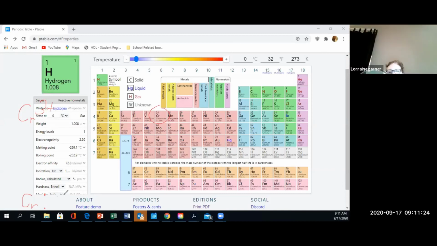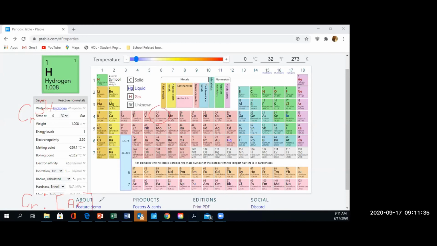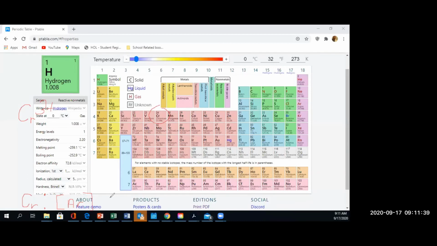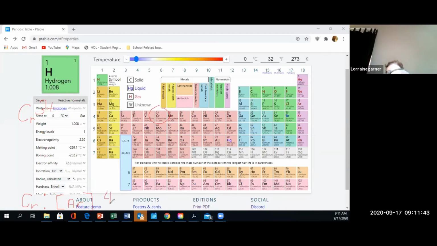brackets Ar, that's 18, then 4s2. 18, 20, 22, I need to get one more.